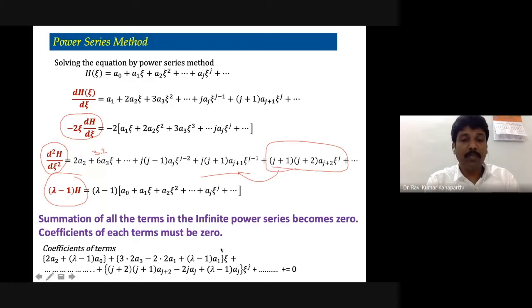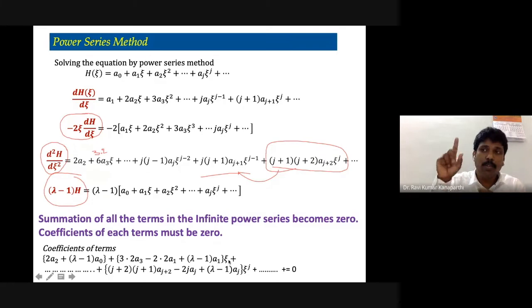The second term is nothing but the one which will have z to the power 1. I'm going to combine all the coefficients in the power series which contain z to the power 1. That can be done in this manner.